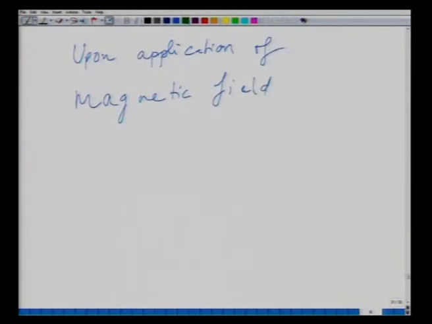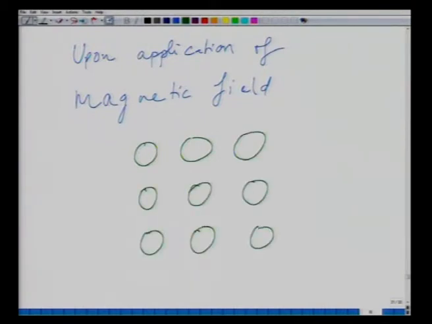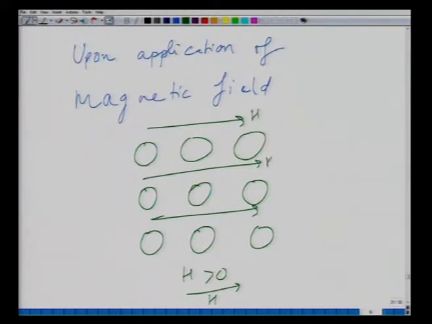When we draw this picture again, you have these atoms, and in this case, suppose you apply H greater than 0 and this H is in this direction. This is the field direction H, and the magnetism is in this direction. So, this would be M.